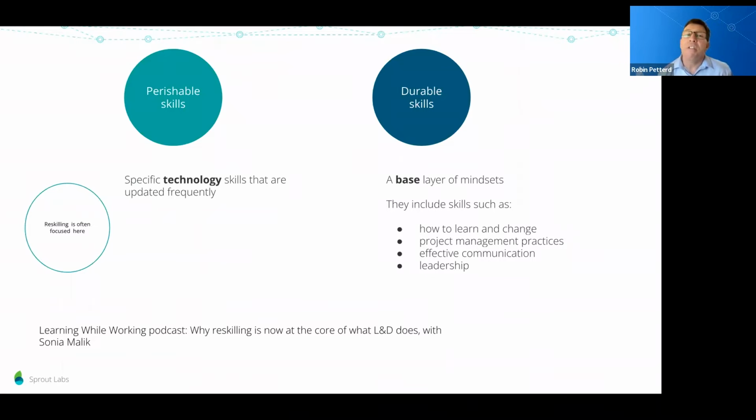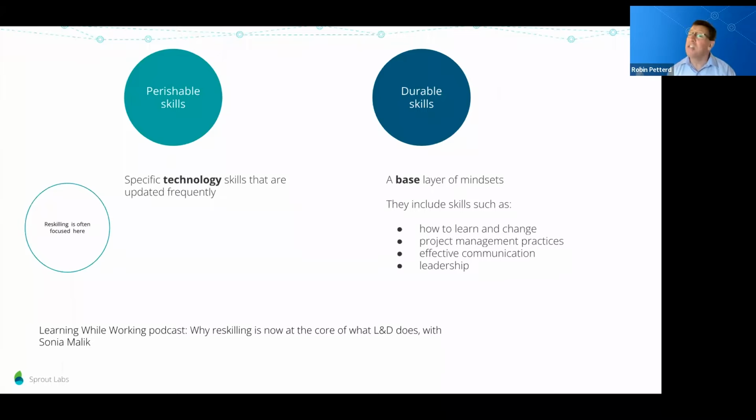I hinted before at this idea of new types of upskilling skills as being two types of things. This comes from a podcast with Sonia Maguk. She works at IBM doing essentially capability development internally and with their clients as well. And she introduced me to this really nice way of thinking about skills as being perishable skills, specific technology or process skills, which are quite often perishable, and then durable skills.